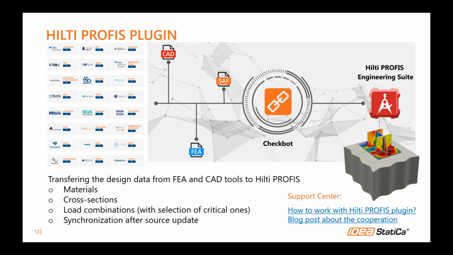Hilti PROFIS Engineering Suite is probably the most popular tool for anchoring design worldwide. Very popular, and it can design steel to concrete, steel to masonry, different use cases, the whole assortment of bonded and mechanical anchors.